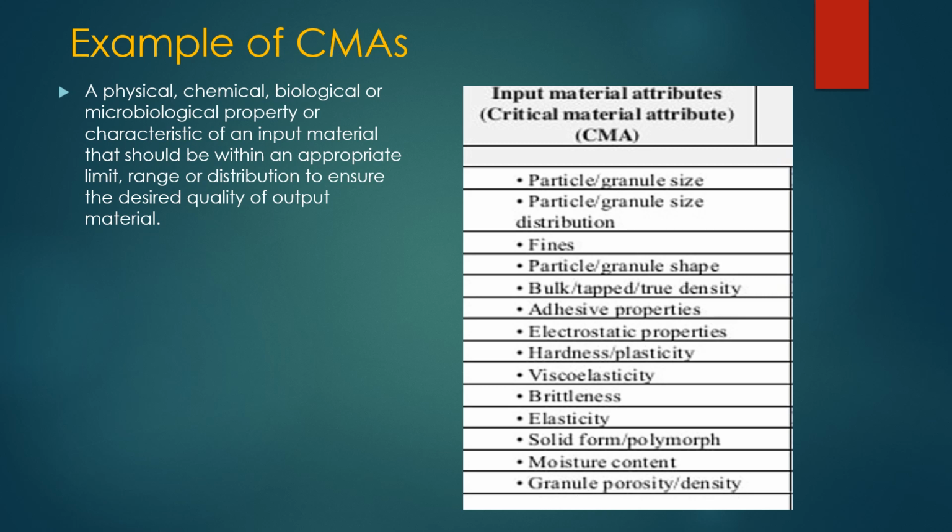As we have discussed earlier, the criticality of selecting the right material with the right attributes is linked with the critical process parameters and the critical quality attributes. Here are some examples: particle size distribution, shape, particle or bulk or tap density, adhesive property, hardness, and so on.